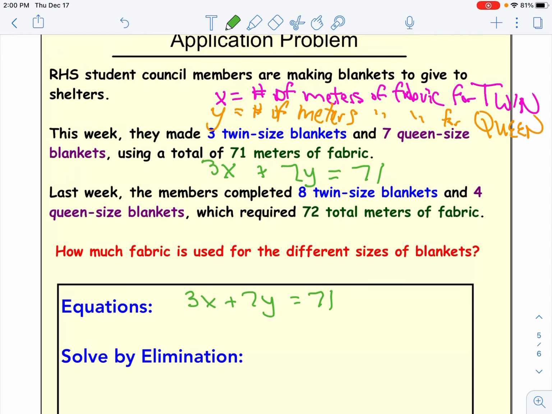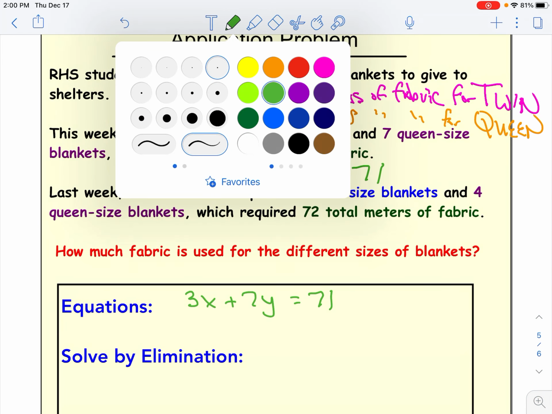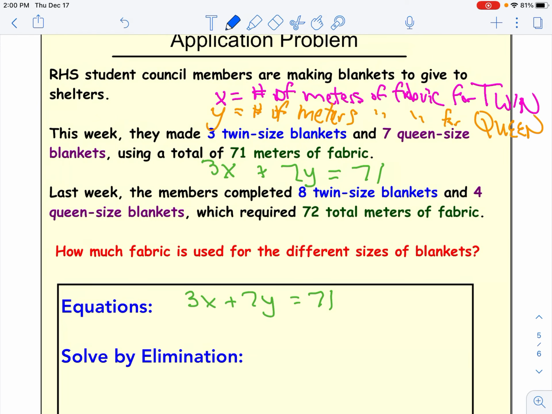But in the second example, what we have is that they made 8 twin size blankets, so 8 blankets times the number of meters of fabric used for each twin size blanket, added with 4 queen size blankets, multiplied by the amount of fabric for each one of those, and that was a total of 72 meters.